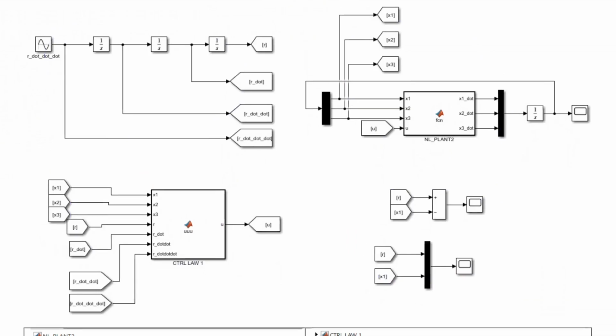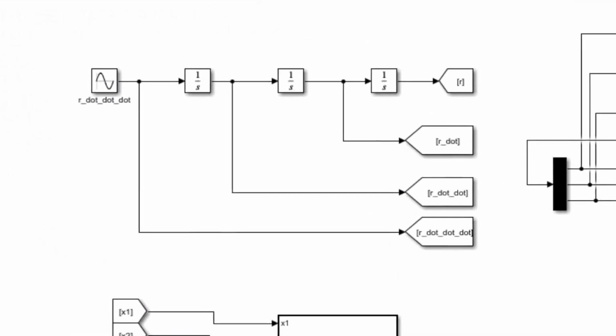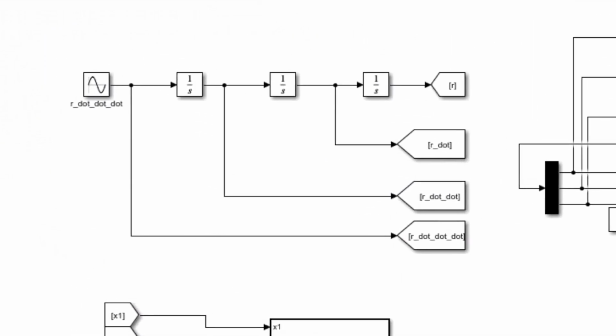So this is, I think it is obvious what this is. If you look at the control law, we will have r triple dot in it, right? And not only MATLAB, but also many numerical simulation software, they don't like to deal with taking derivatives.